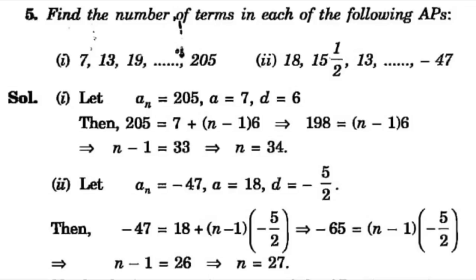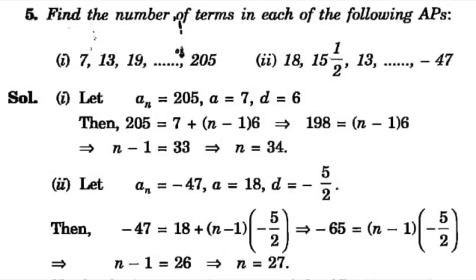Now let us shift 18 to the left hand side. Minus 47 minus 18 will give you minus 65 is equal to n minus 1 into minus 5 by 2. Now transpose minus 5 by 2 to the left hand side. So we have n minus 1 is equal to 26 after simplification. N is equal to 27.